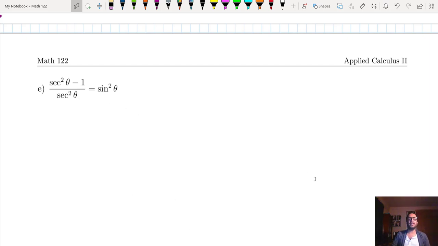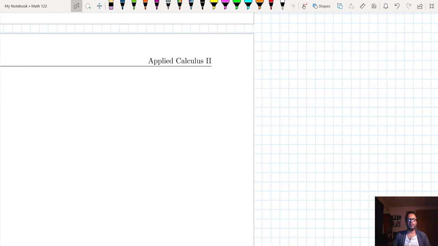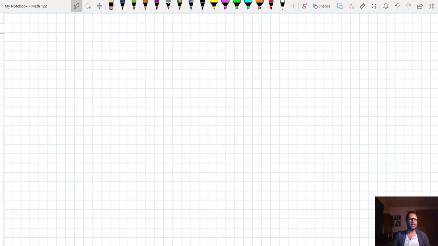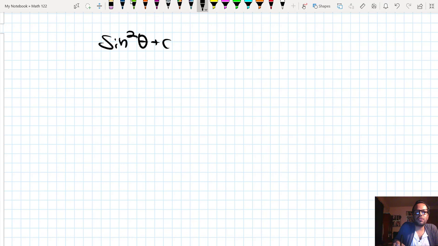Before looking at letter E, let me take a side trip. I will show you a trick to derive, rather than memorize, all the Pythagorean identities. Everything starts with sine squared theta plus cosine squared theta equals 1.